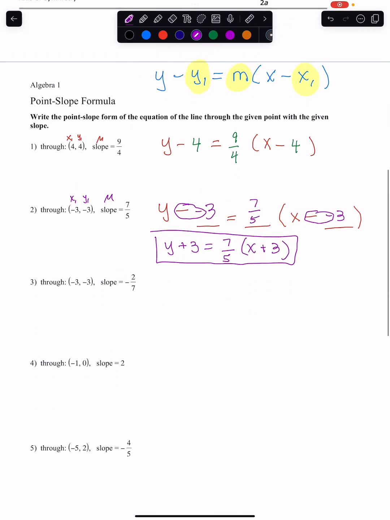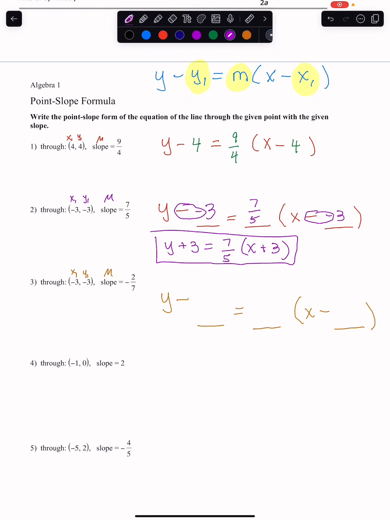Let's do another one. Write y minus blank equals blank parenthesis x minus, and then just put another blank. Okay? Now I have to go and label my x1, y1, and that's m.